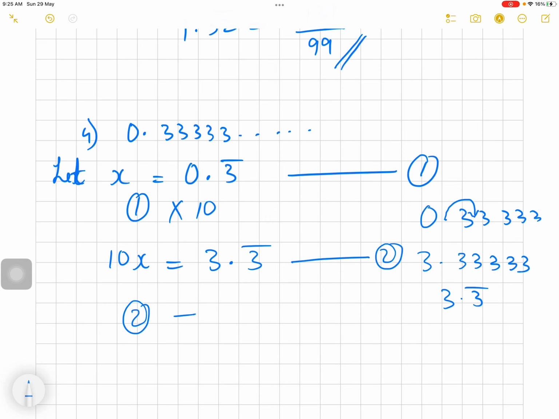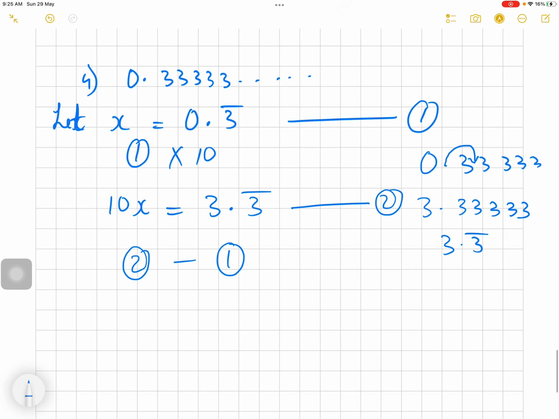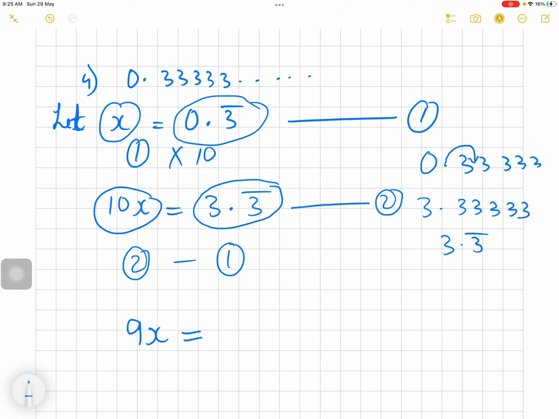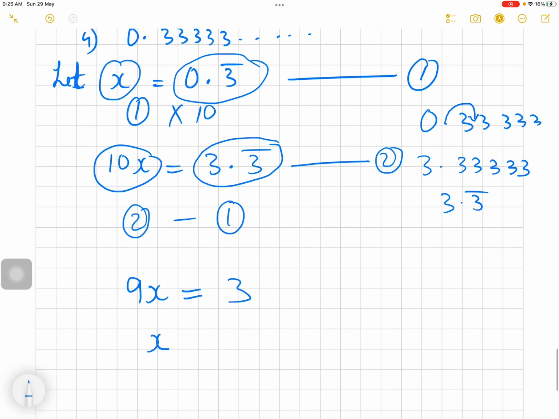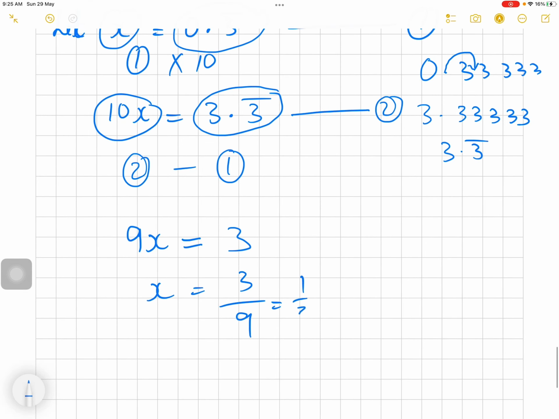Now I will do 2 minus 1. So 10x minus x is 9x, right? And 3.3 recurring minus 0.3 recurring will be 3. So x is equal to 3 by 9, which is 1 by 3.